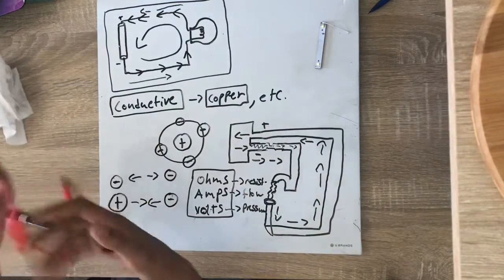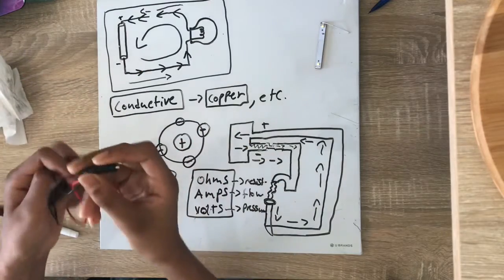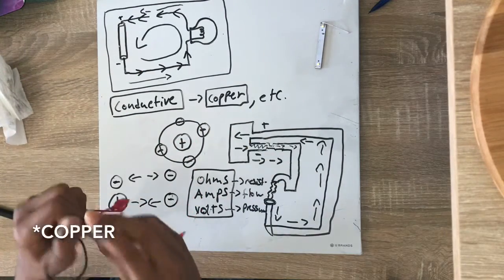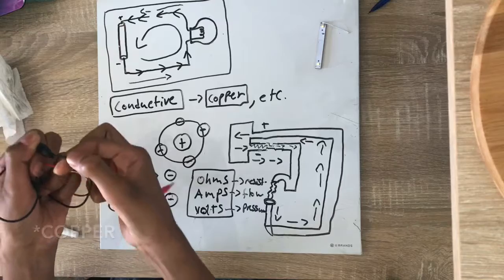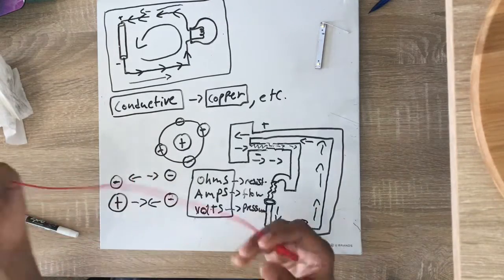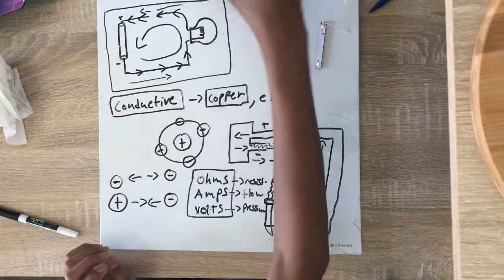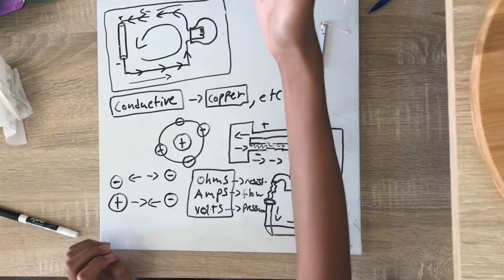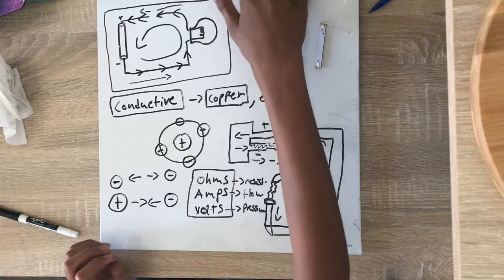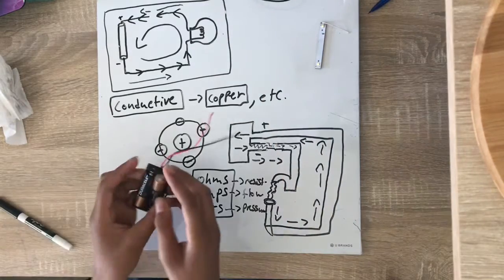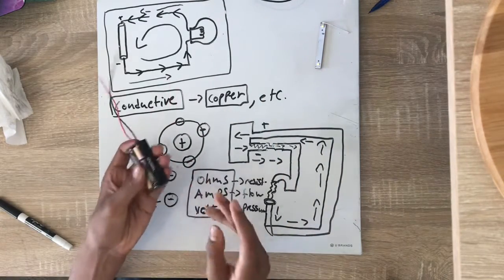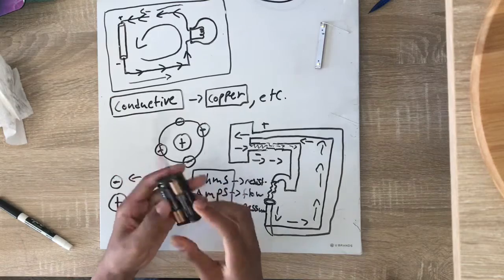Next, we have some wires. These are alligator clips, which have aluminum wire stretching throughout, and they are used to connect things together. These are going to be our negative and positive pipes or copper wires. And finally, we have our water tank or battery source, 2 AA batteries, okay?